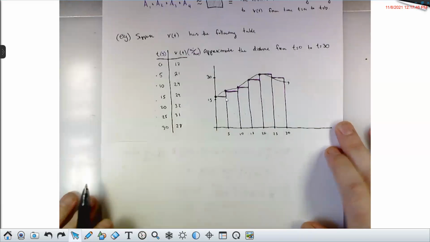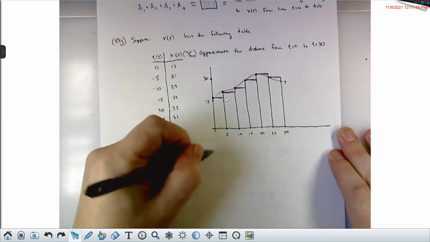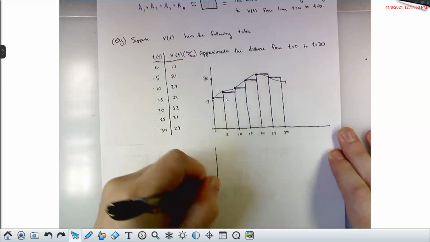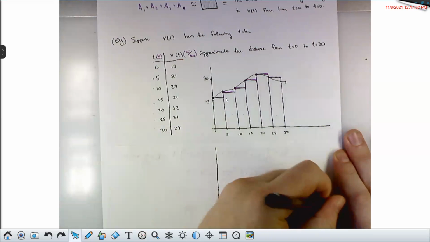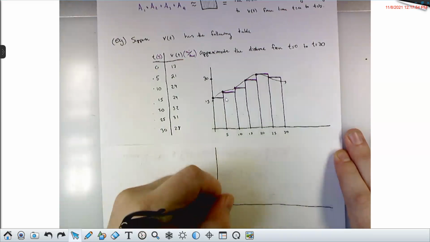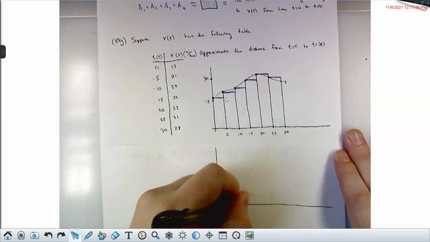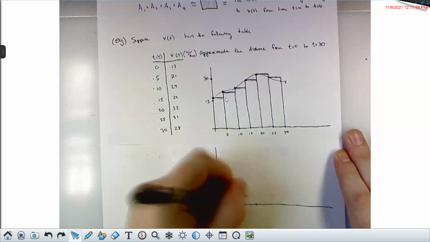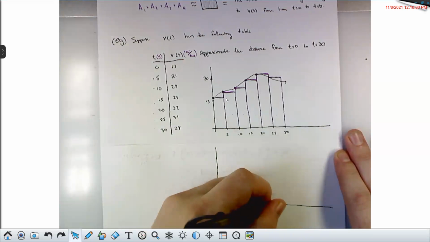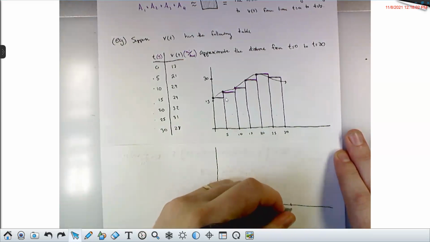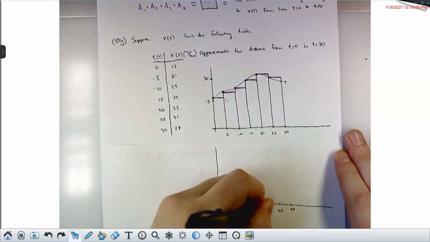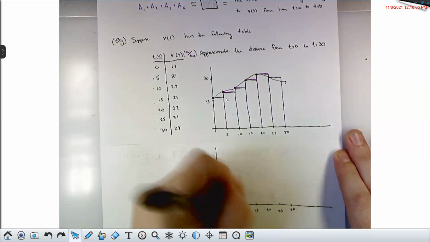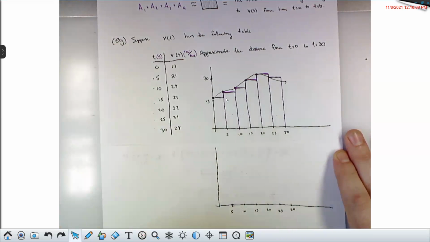Well, let me draw the right endpoint picture here. I think this will probably clarify whatever it is that's bugging you. So I'll try to chop this up so it looks similar. 5, 10, 15, 20. At t equal to 5, you have different heights. One is 17, the other is 21.